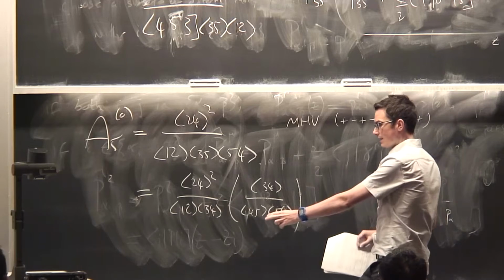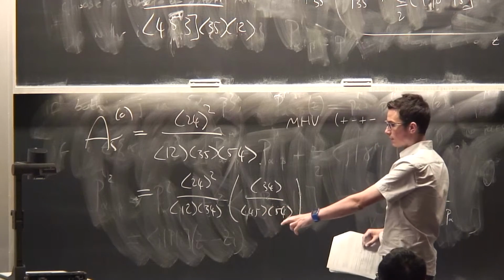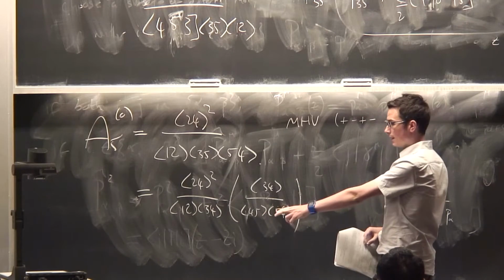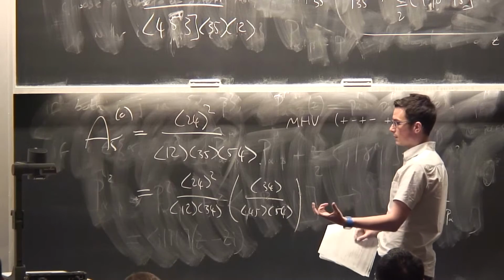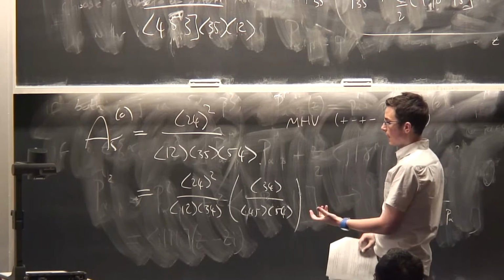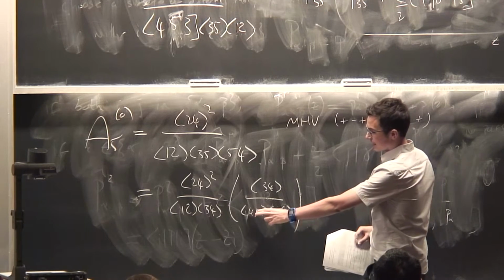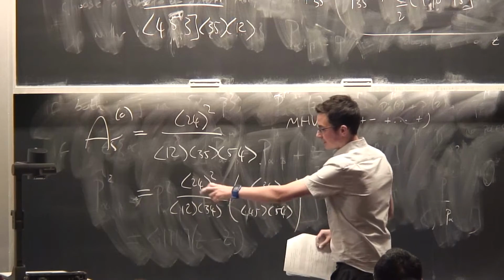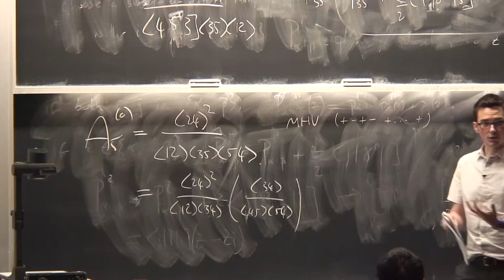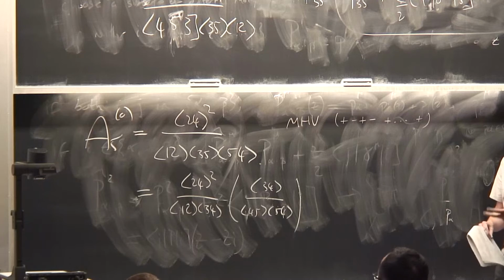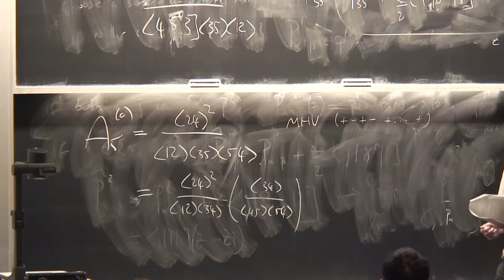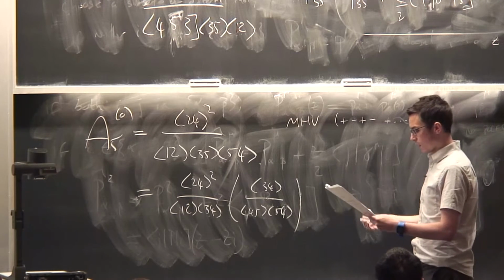So this thing here is actually what you would get from the eikonal factor in the soft limit, and for this process, that's all there is. But this thing here gives us the right factorization in the soft limit, and this thing here is setting up the tree level amplitude that it wants to factorize onto whenever P5 becomes unresolved. So that was why I wrote that. That's a nice way. All right, good.